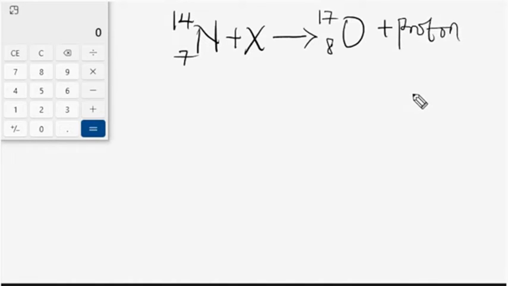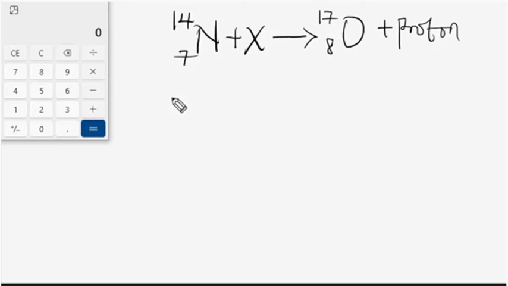Adding a proton to this oxygen means that the atomic number will increase as well as the mass number. They will both increase by 1.